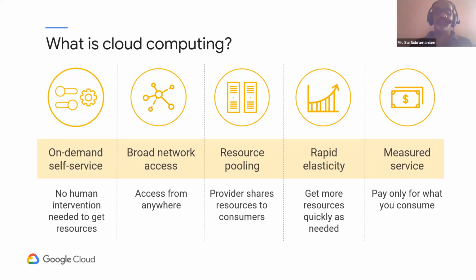As you can see, whenever we say cloud computing, every service provider is the one who provides different types of services. A service means infrastructure as a service, platform as a service, and software as a service.